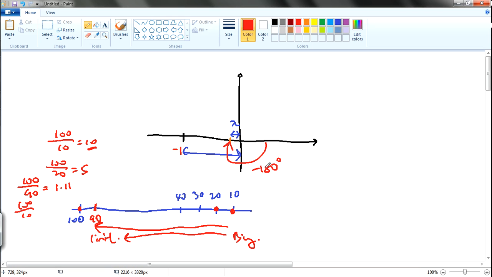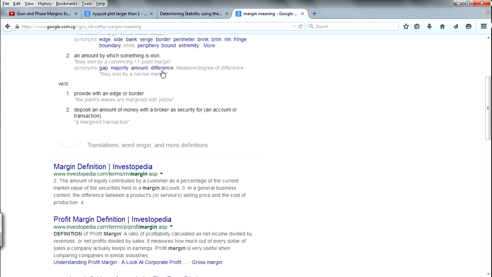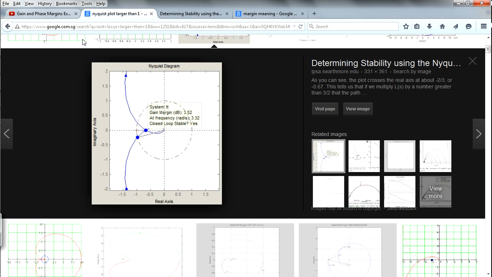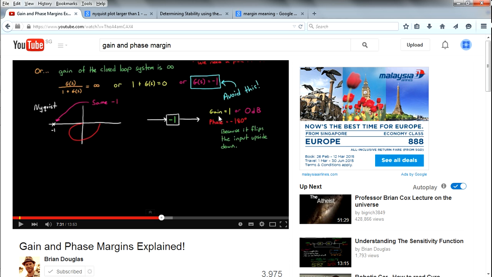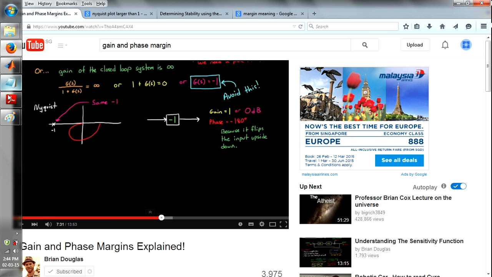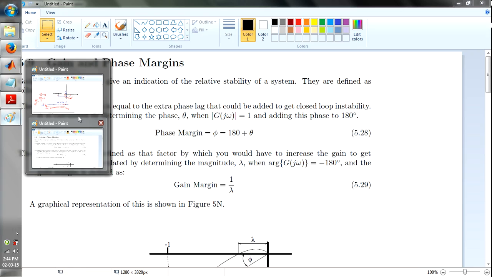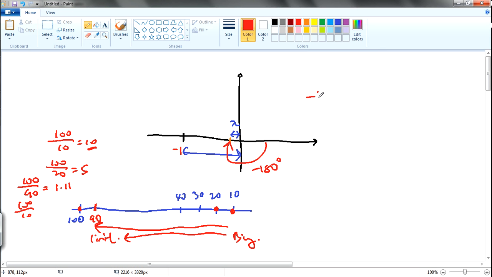So if you remember last video, we talked about this. As you can see, the gain is equal to 1. Okay, the gain is a magnitude of 1. It can be -1, it can be 1, but if you take the modulus, they are all equal to 1, right?